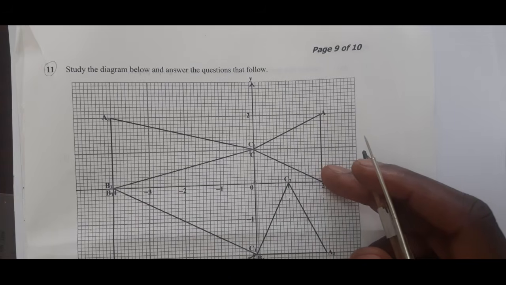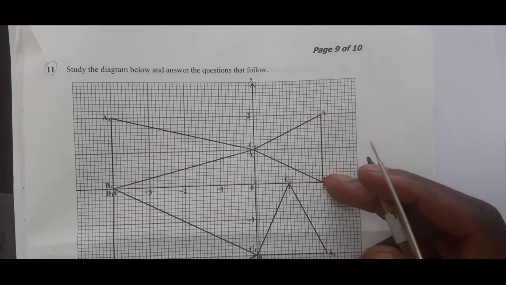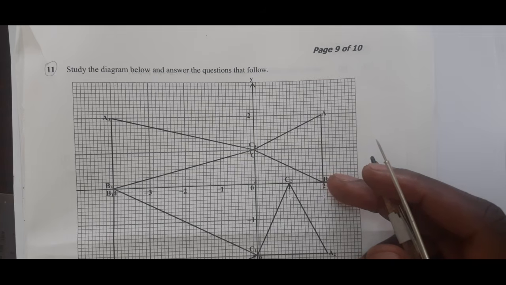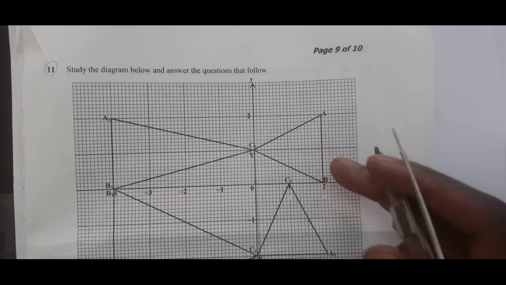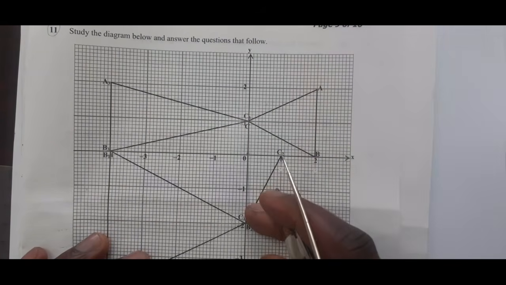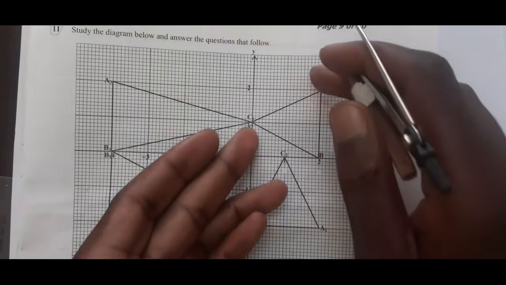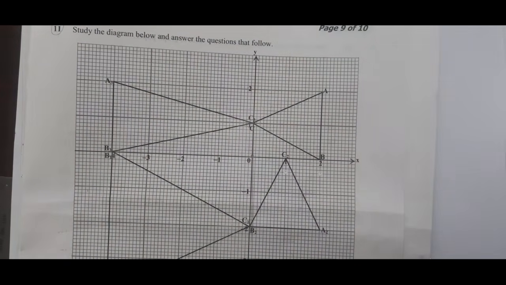Even when you just look at this, reflection can't do, translation can't do. What about rotation? Okay, rotation makes sense here. So let's try to see. So you rotate it like this. When you move it once like this, the C will go up, isn't it? Something like that.